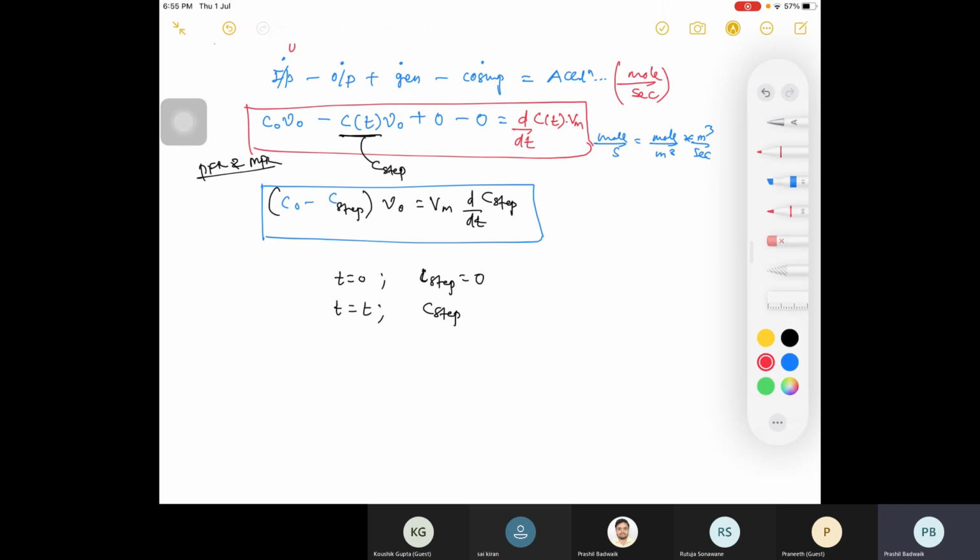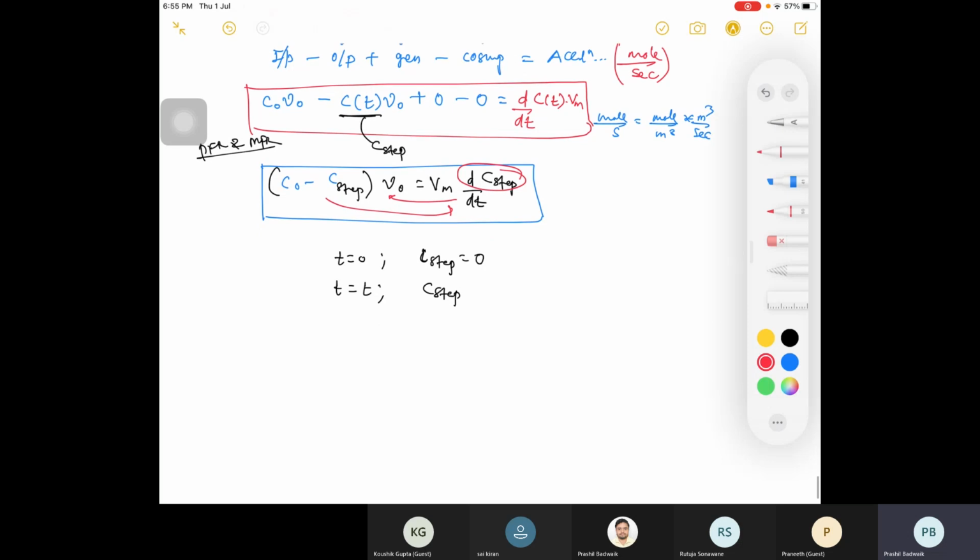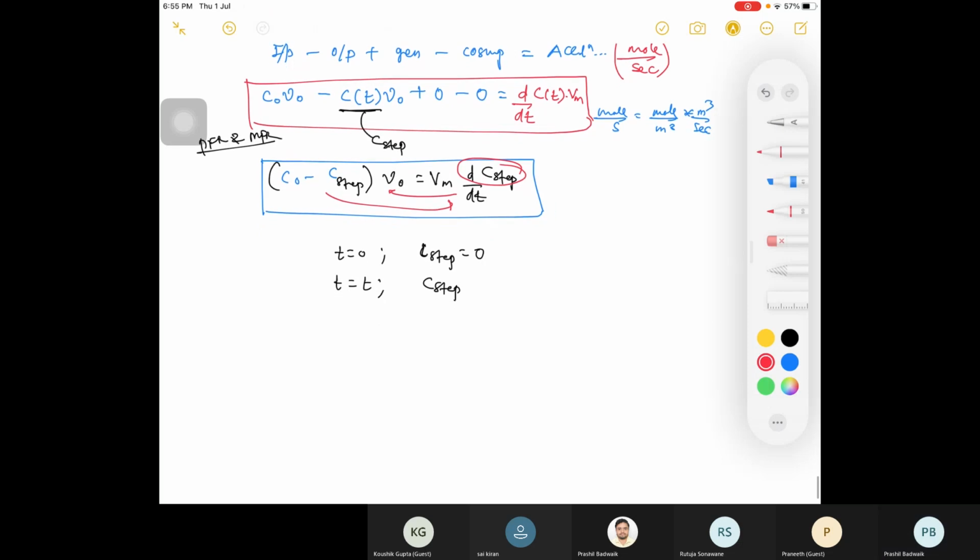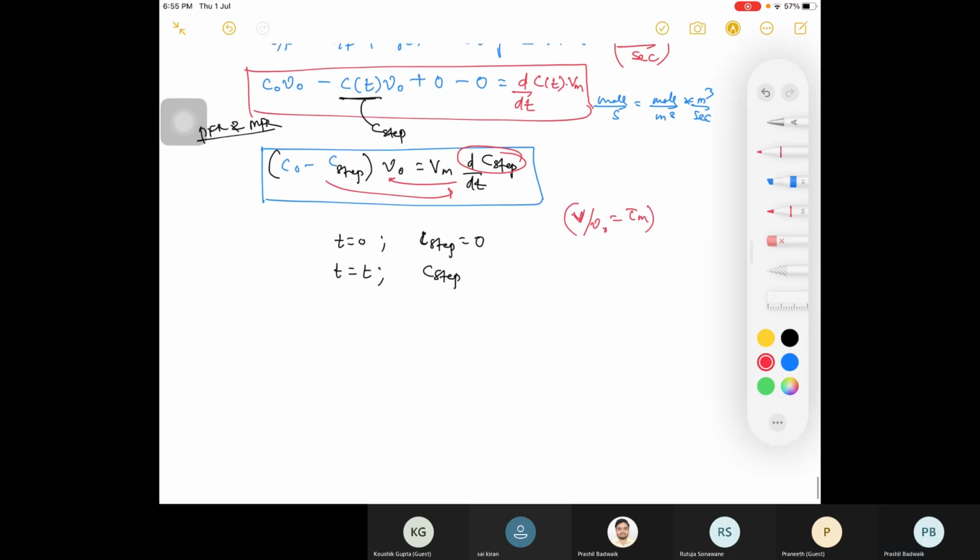This dC step and this dt will move to this side. So you will be having volume divided by volumetric flow rate, that is equal to your tau m. So you will get dC step divided by C naught minus C step, integration from limit 0 to C step.